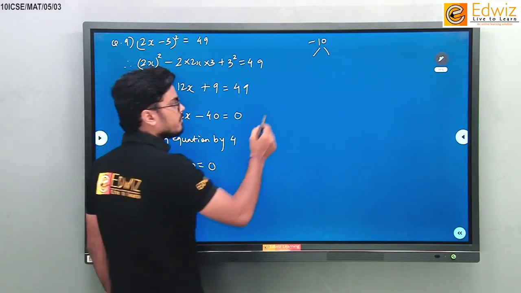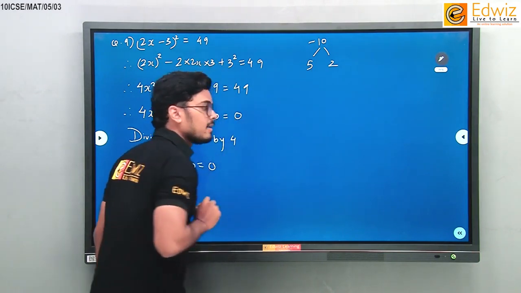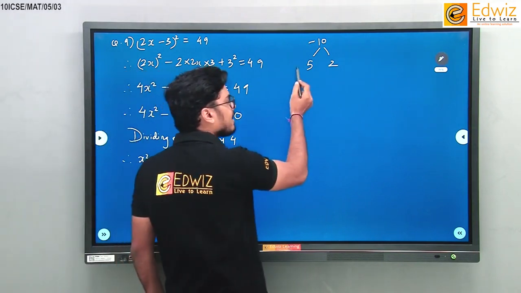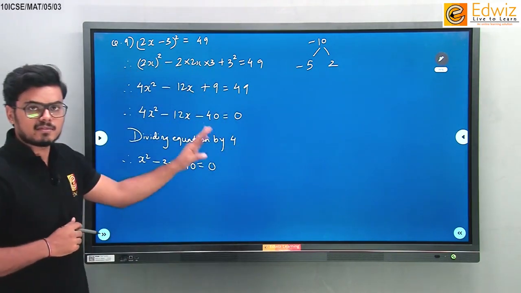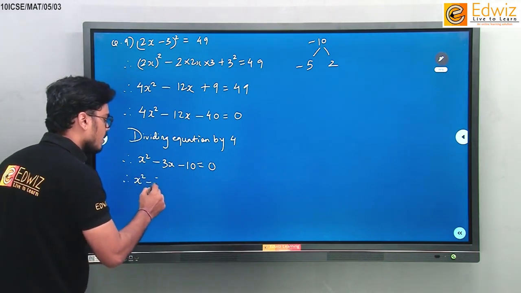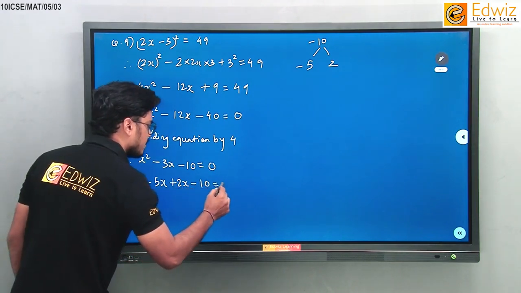We know 5 2s are 10, but one has to be positive, one has to be negative. So which factor is negative? We need minus 3, so the bigger factor has to be negative. Okay, minus 5 and 2 are the correct pair of factors. Minus 5x plus 2x minus 10 equal to 0.